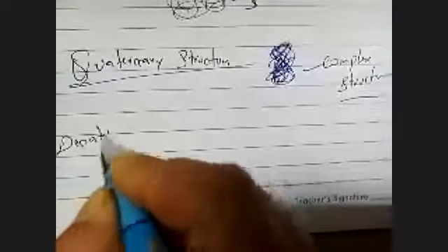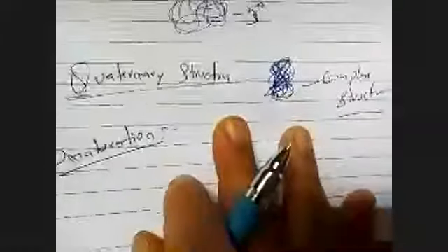These are the four types of structure in your protein. Then we have denaturation. What do you mean by denaturation? This is very important.